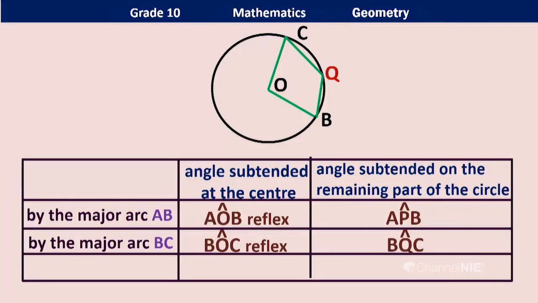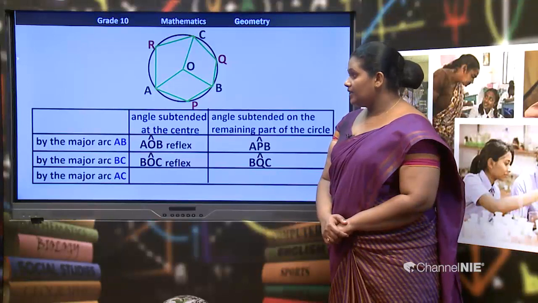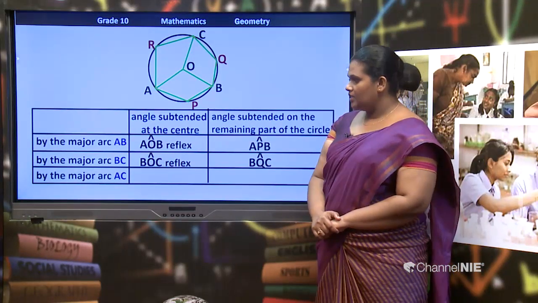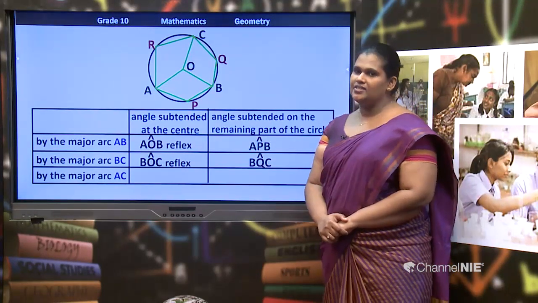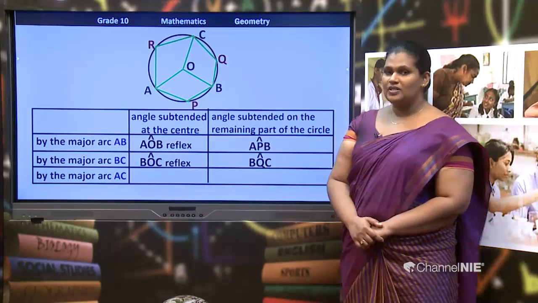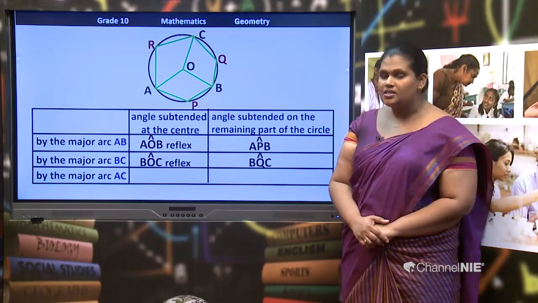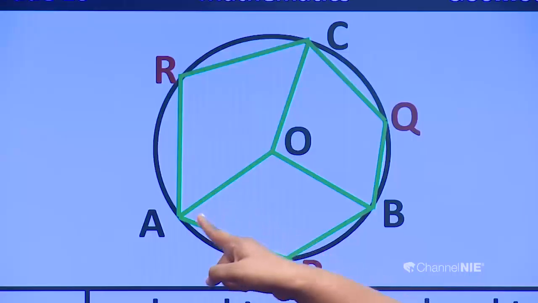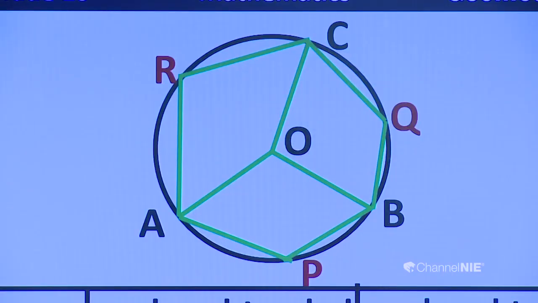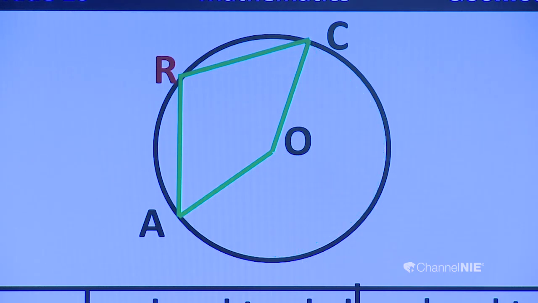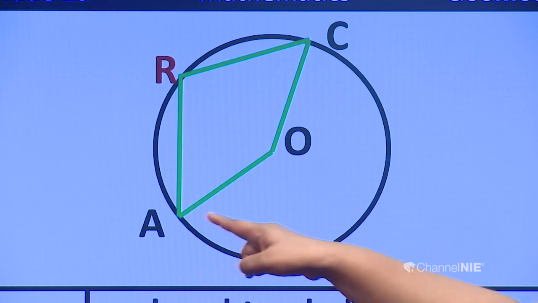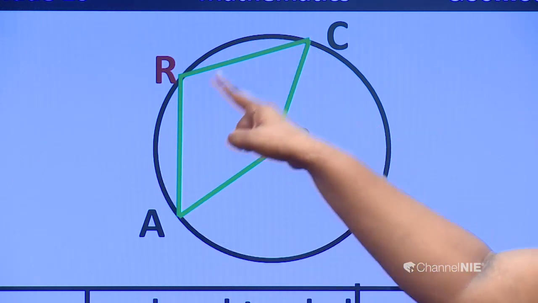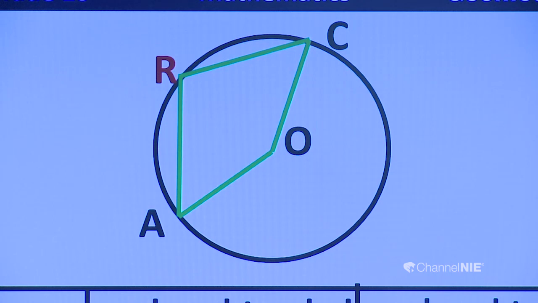BQC. Next one. The angle subtended at the center by the major arc AC. So, first of all, once again we will identify what the major arc AC is. Now, we have got A here, point C here. So, what is the major arc AC? Right. Now, if I consider this part, that means this arc, it is the minor arc.